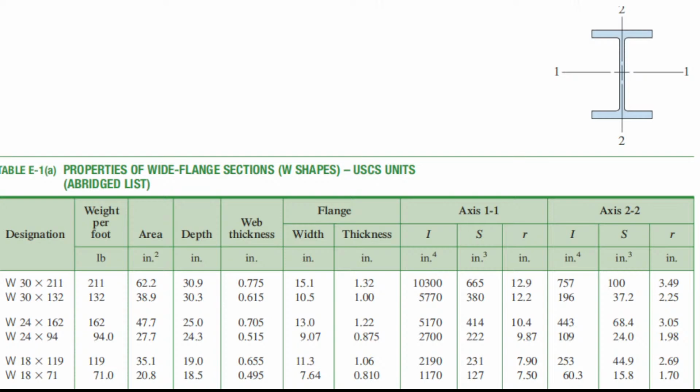Example 1. We are going to determine the column's critical or buckling load, if we are given W10 by 22 used as a 15 feet long pin connected column.